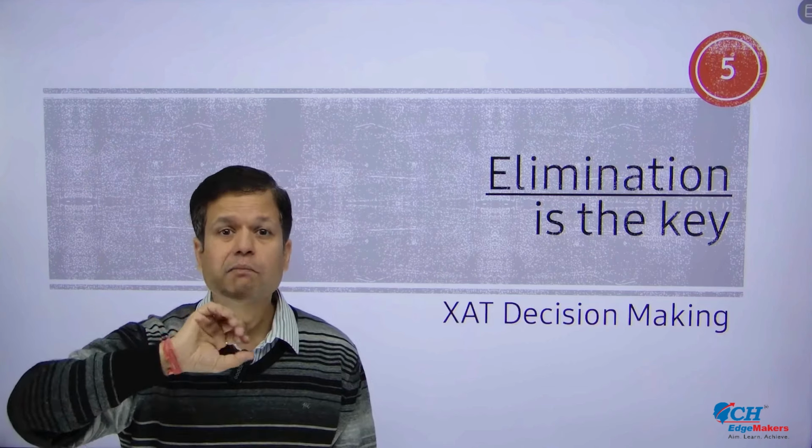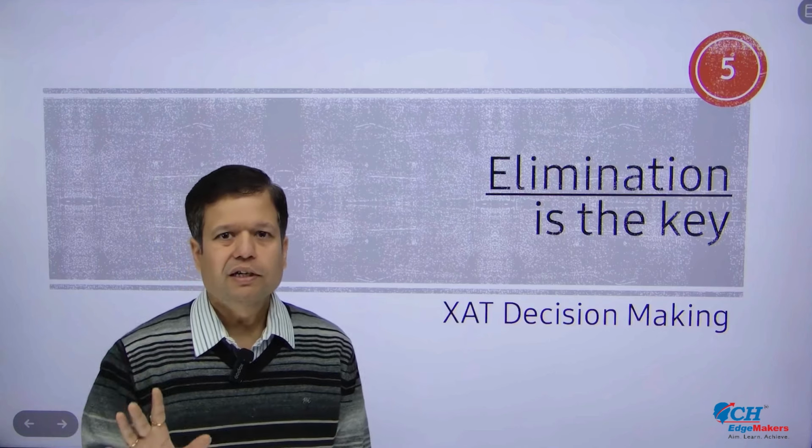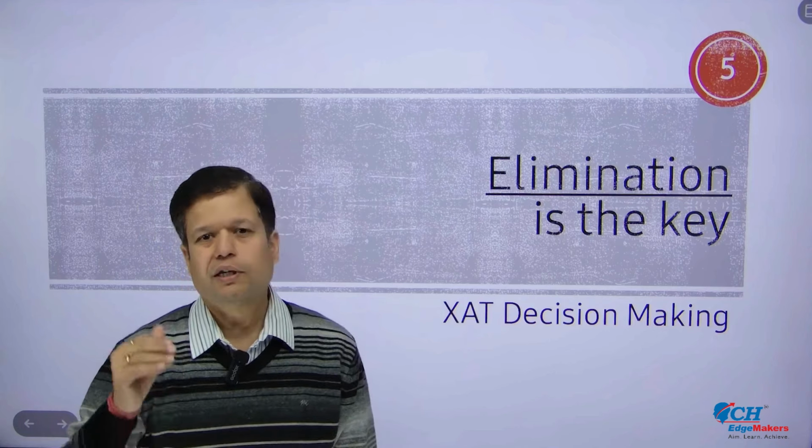At times what people do is they even eliminate okay options. It's an issue, because at first instance we at times like some options, we don't like some options which are okay, but when we read them again, we find that they are actually very good options.